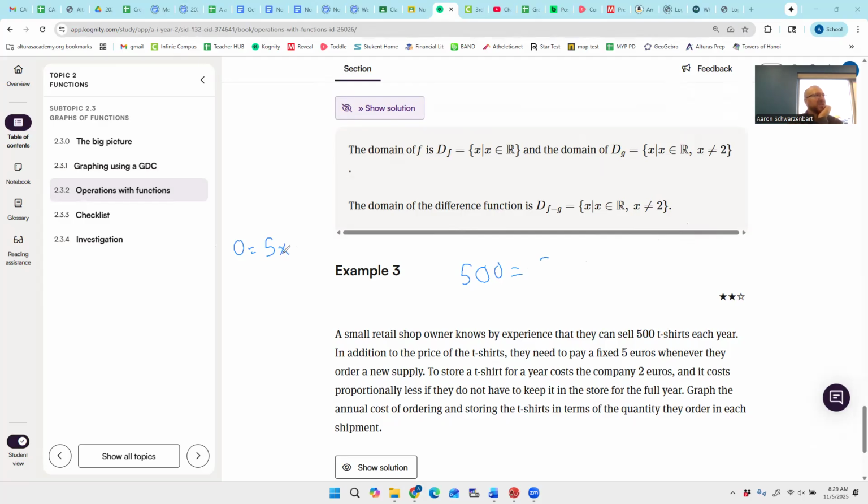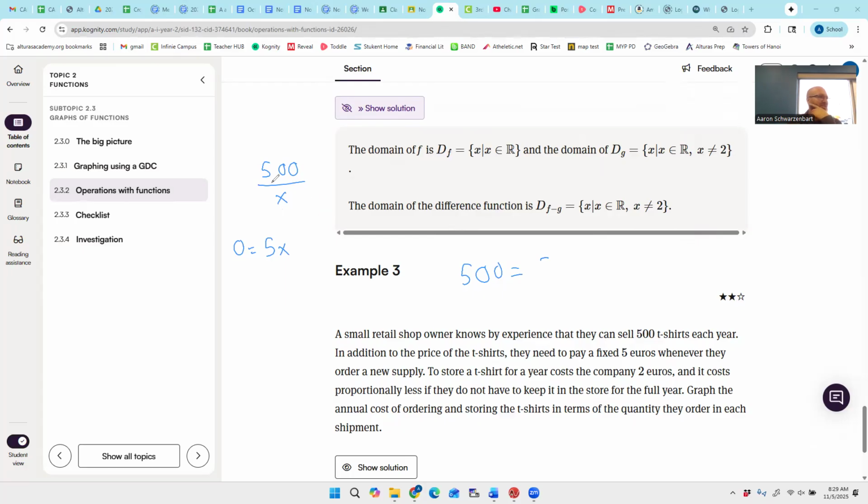Orders cost them $5 an order, correct? This is negative. The order size is going to be 500 divided by X orders. Why? So let's say they make 10 orders.